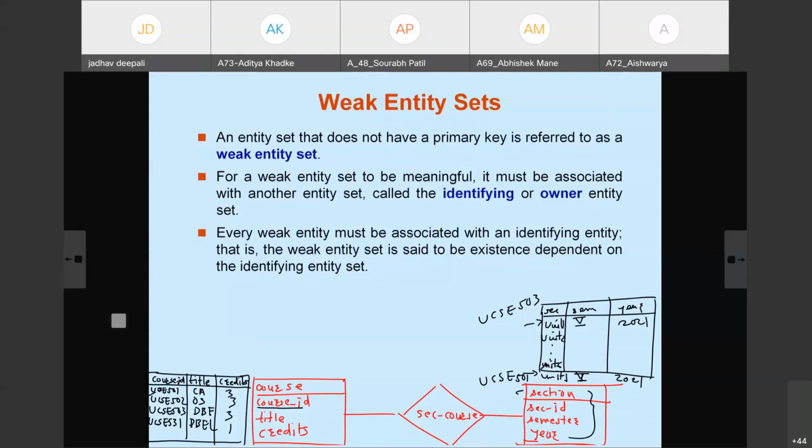This section entity set depends upon the course for its existence. That's why the course is known as the owner entity set, or we call it an identifying entity set, and this section is a weak entity set. Why? Because it does not have its own primary key.